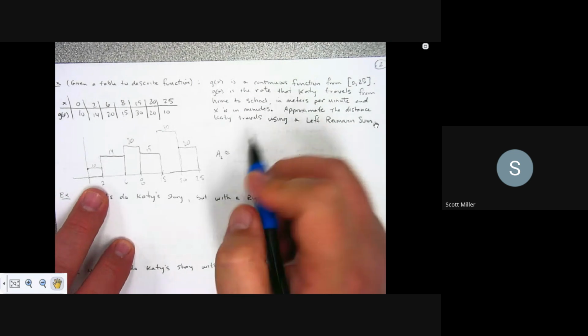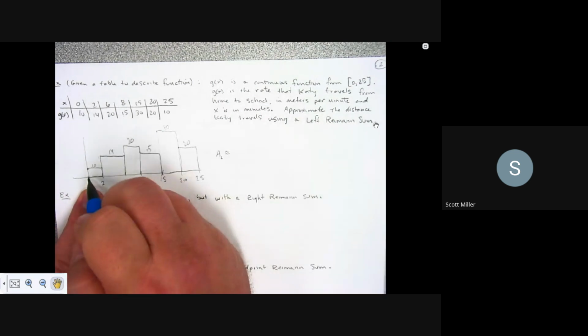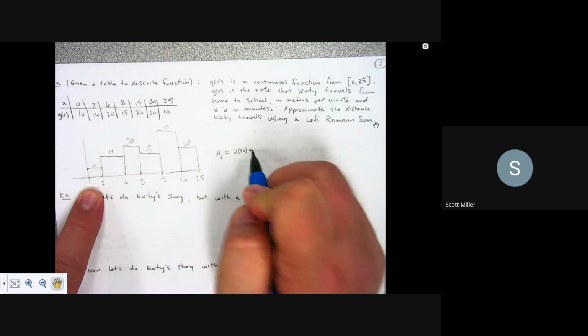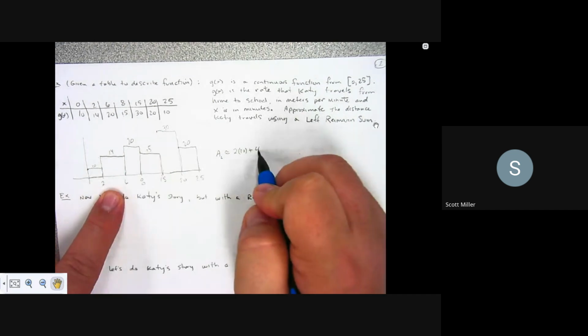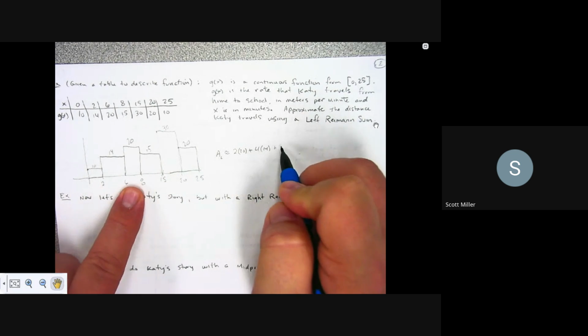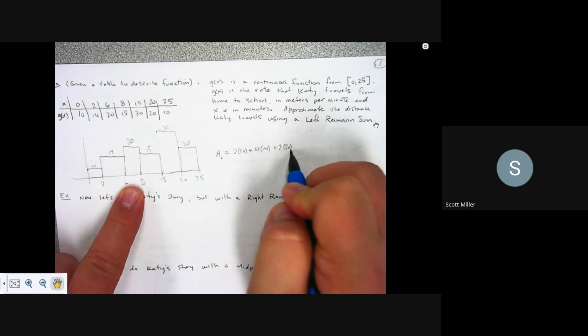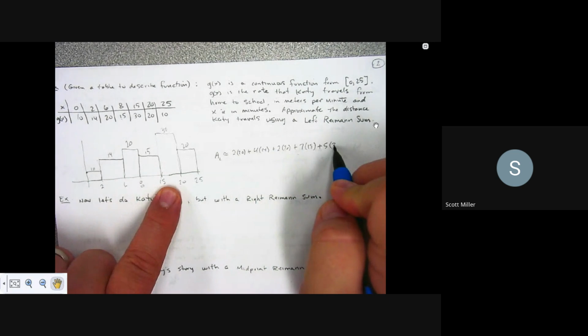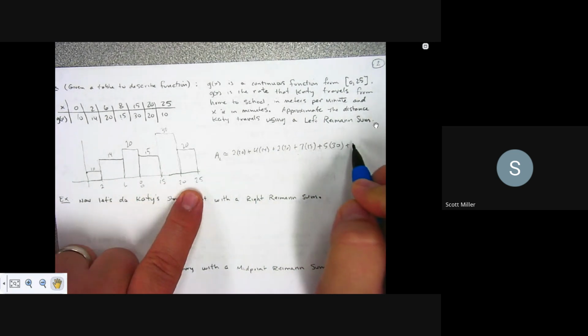by doing what? Well, base times the height, so it's going to be 2 times 10 plus 4 times 14 plus 2 times 20 plus 7 times 15 plus 5 times 30 plus 5 times 20.